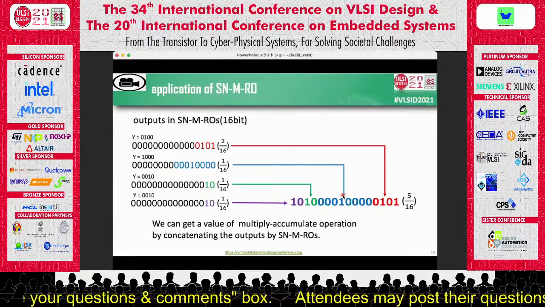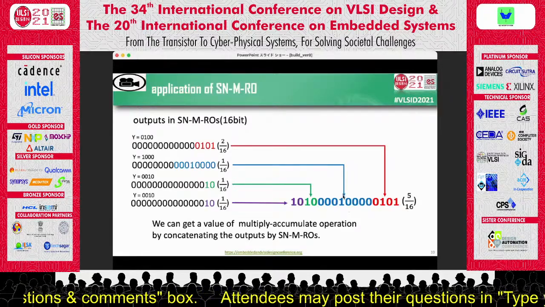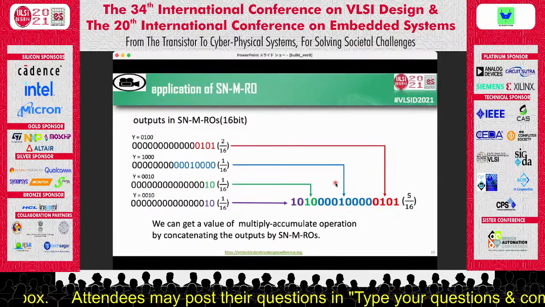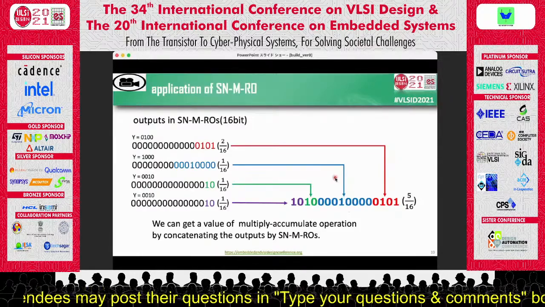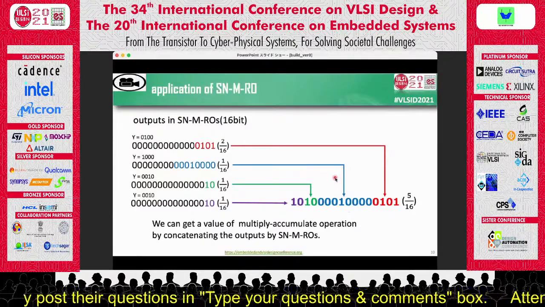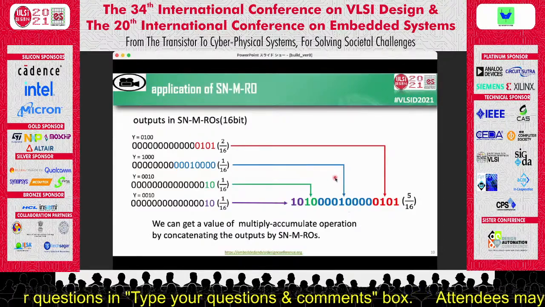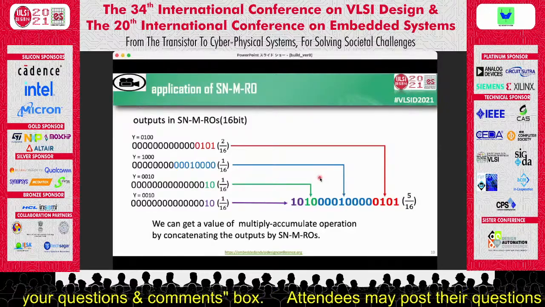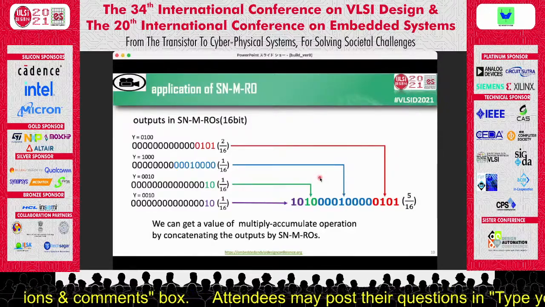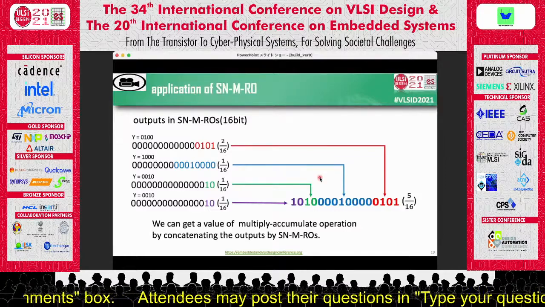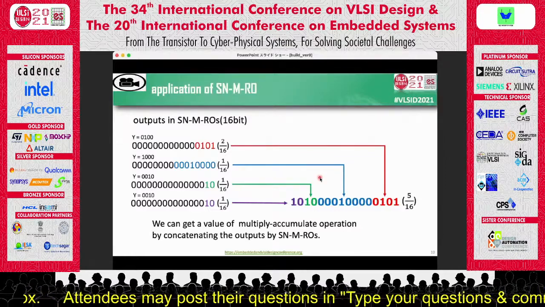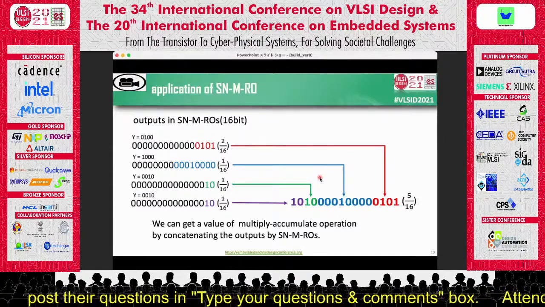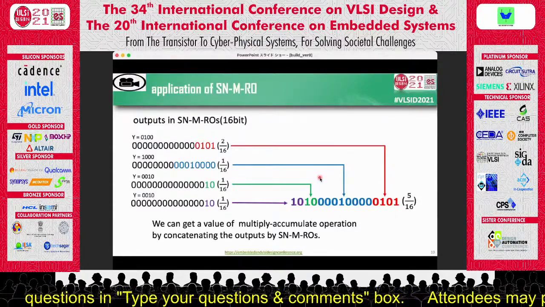We don't use a MUX to add, but we move the bits correctly and then just concatenate. Then we can add without any scaling errors. So that's our idea. Okay. Yeah, thank you. I got it.